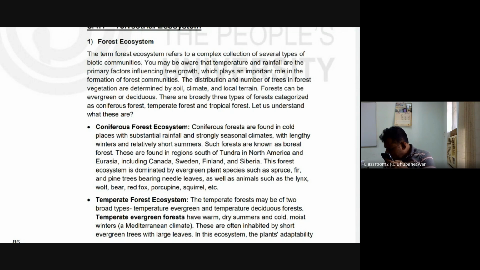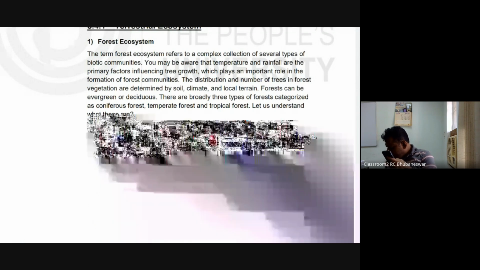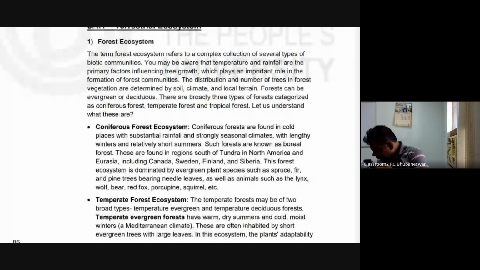These are observed in the tundra regions, which are very cold, in North America, Eurasia, Canada, Sweden, Finland, Siberia. So all these coniferous forests are very much predominant in these regions.